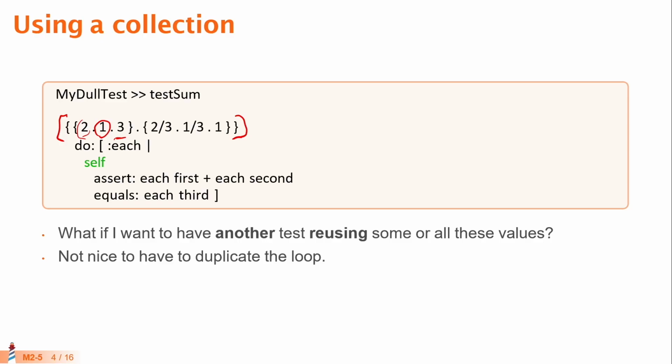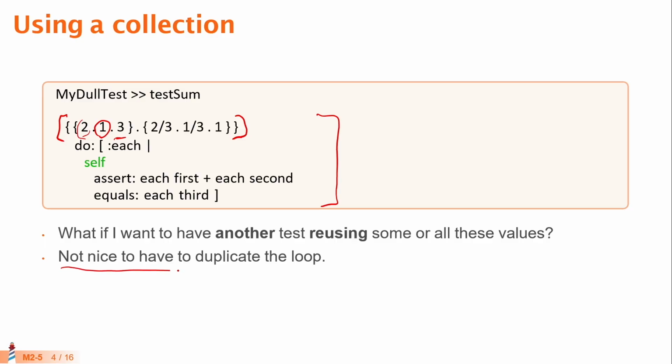But if we want to have more tests that reuse the same idea, we will have to repeat the same code pattern everywhere. And we will have to repeat the values that we are given and the configuration that we are given to all the tests where we want to reuse it. And as we always say, we don't want to duplicate code.